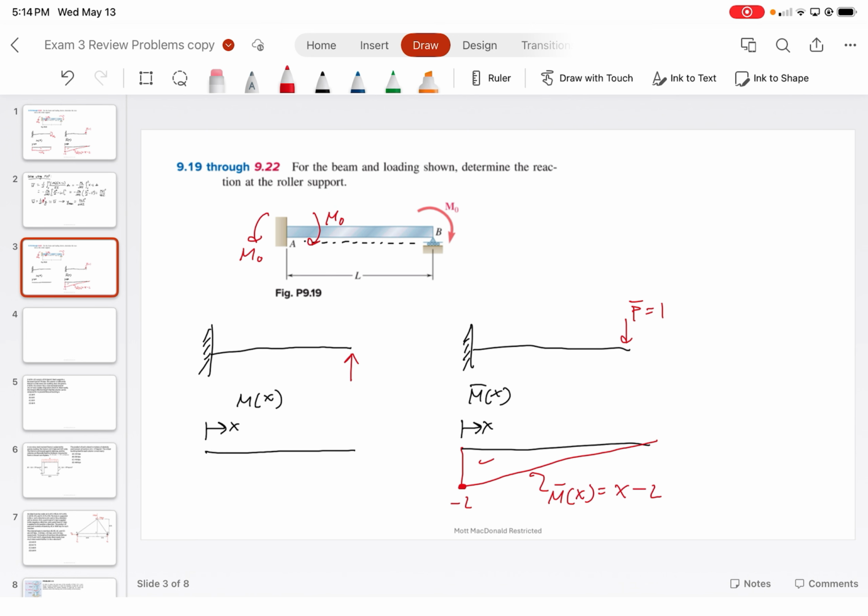which our reaction force RB is going to result in this being a positive bending moment.